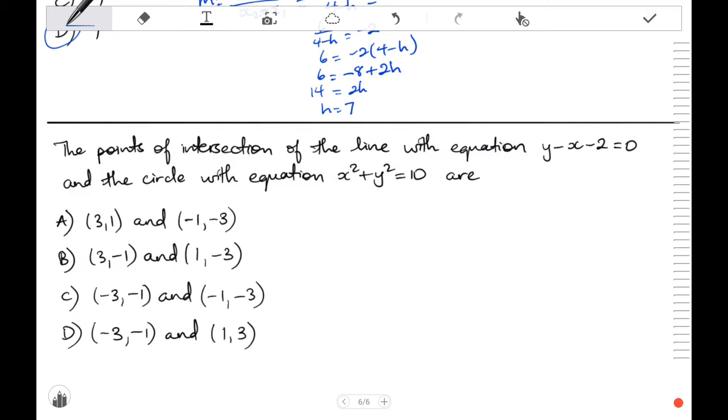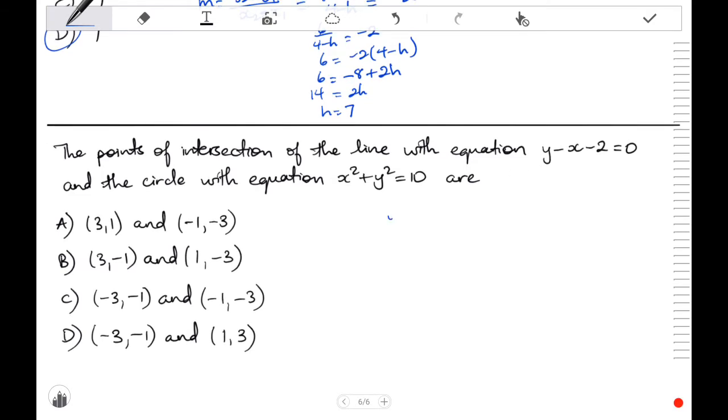So now we could test both. We need to satisfy both, right? But let's check the first equation, y minus x minus 2 equals 0. Let's say I take the y value from here, right? And I substitute. So we have 1 minus 3 minus 2.